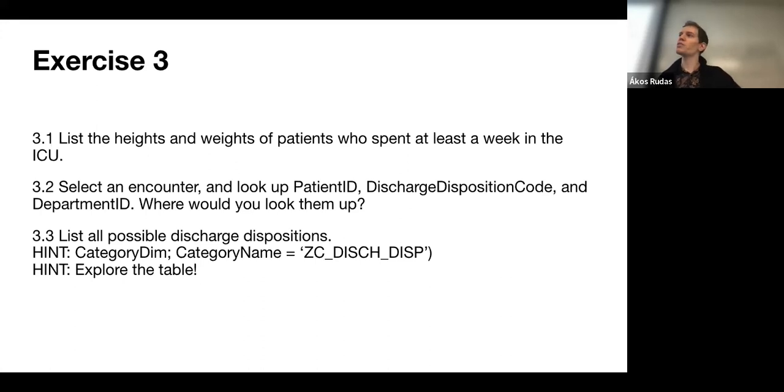And then we're going to go into the nitty-gritty of the discharge disposition code and into exercise 3.3. It says list all possible discharge dispositions. And I put some hints here, so you can give it a try, but we are going to spend time on it together because that will be a more difficult concept, how data is organized in that specific table, in the category table.